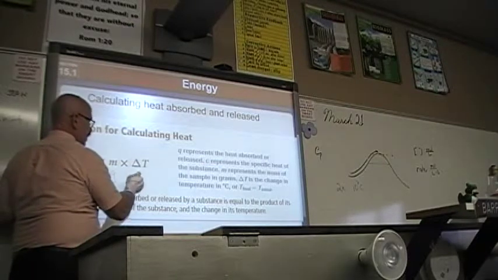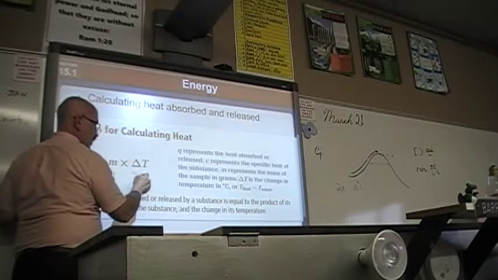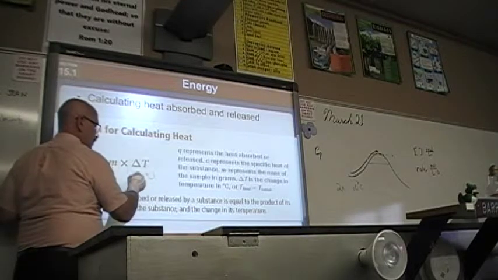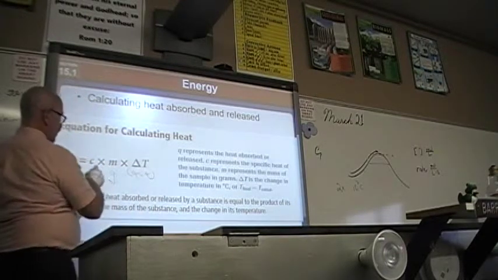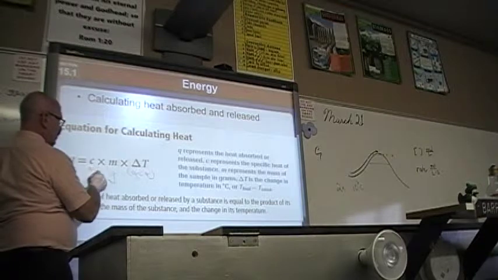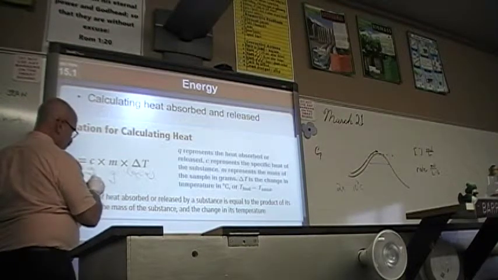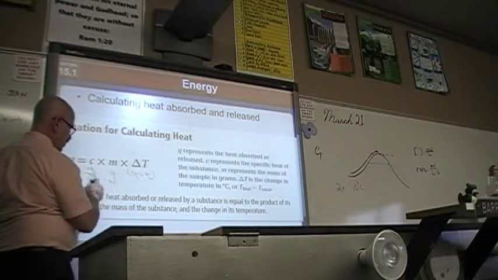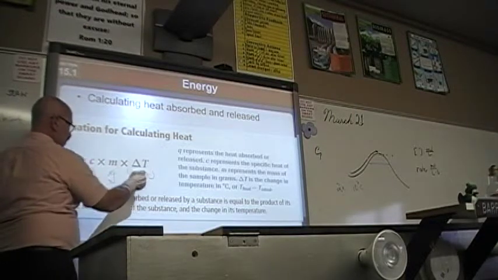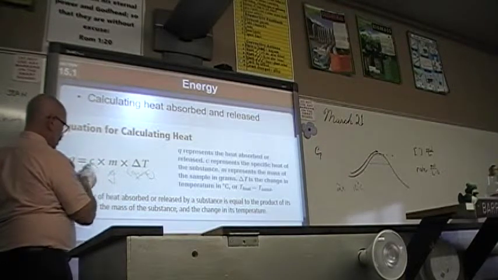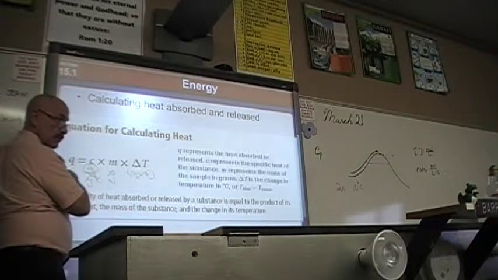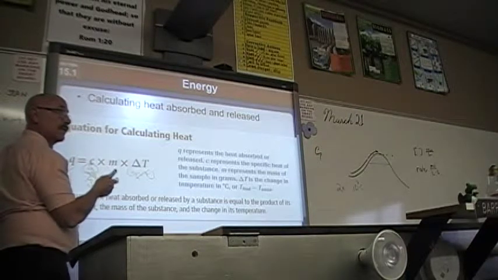This is the change in Celsius. Joules per gram per degree C. Notice that the grams cancel out, the Celsius cancels out, and then joules. So energy in joules. Everything works out.